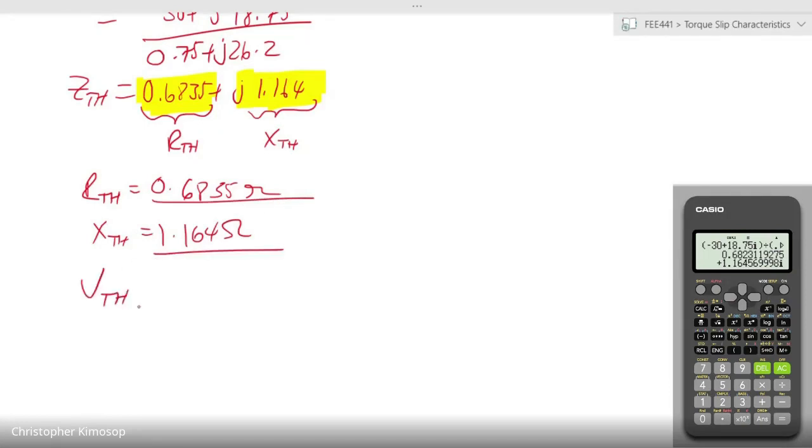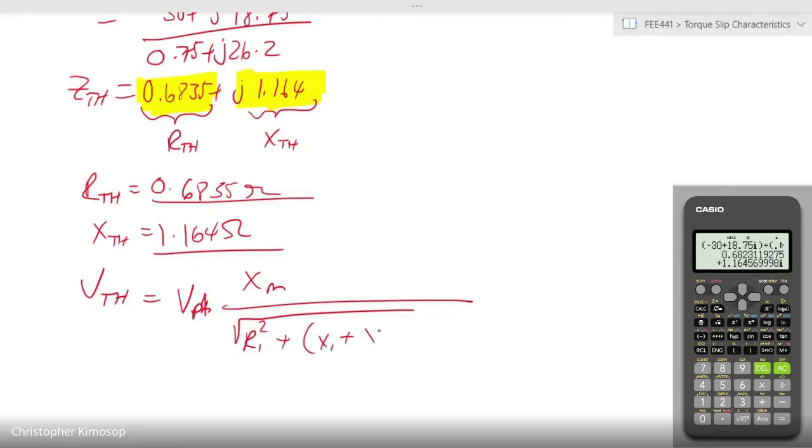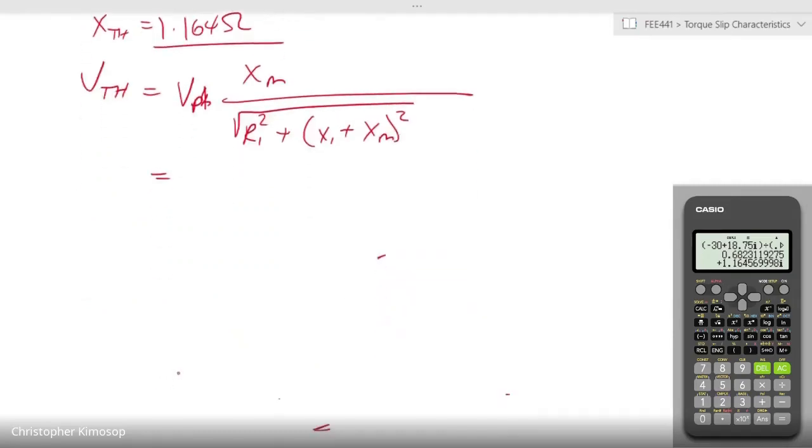V Thevenin was being given by V phase times XM over the square root of R1 squared plus X1 plus XM squared. This one was a magnitude, so we are only looking for the absolute values.